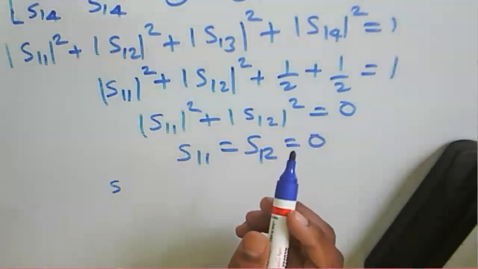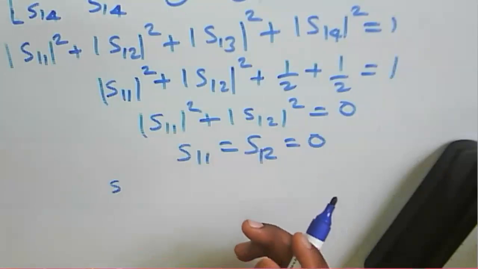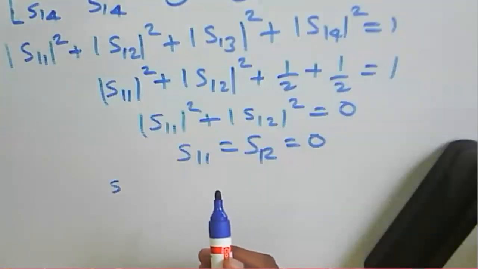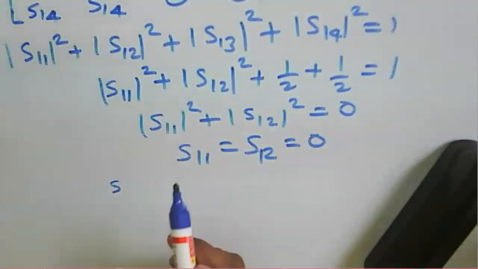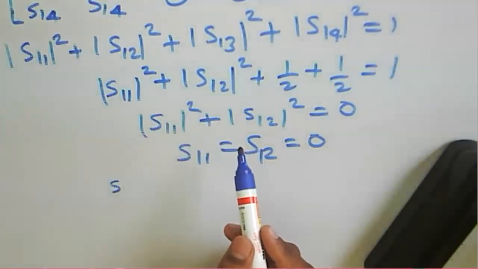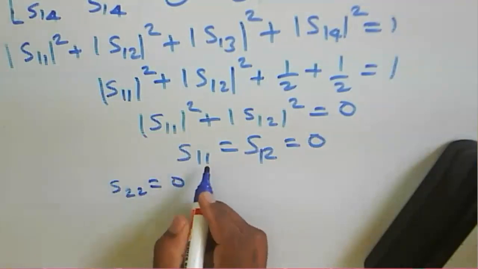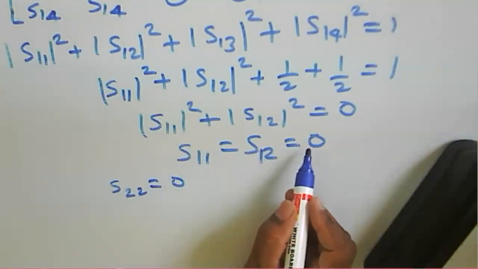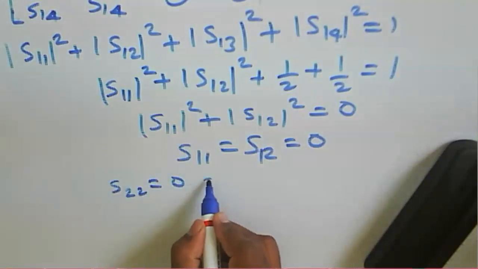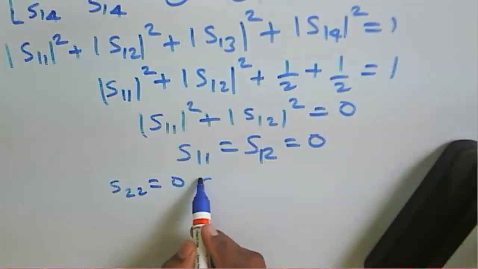So from that, if you consider the equation again, if we use this equation here, we'll get that S11 is equal to S12 is equal to 0. Earlier we said that S11 is equal to S22, so S22 will be equal to 0.